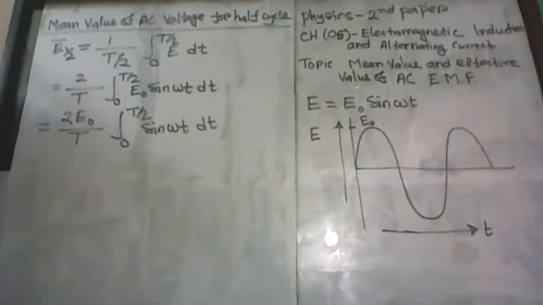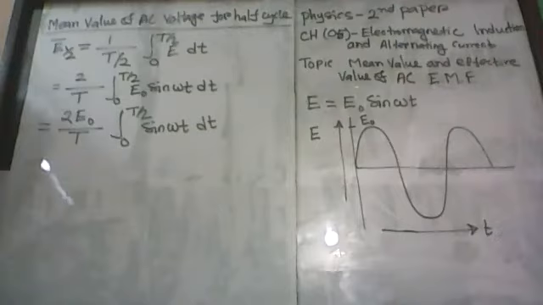I repeat, if you integrate sin θ dθ, the outcome is minus cos θ. But if you integrate sin mθ dθ, the outcome is minus 1 by m cos mθ. In this problem, we integrate sin ωt dt, where ω is a constant. When you integrate the sine function, it becomes minus the cosine function.